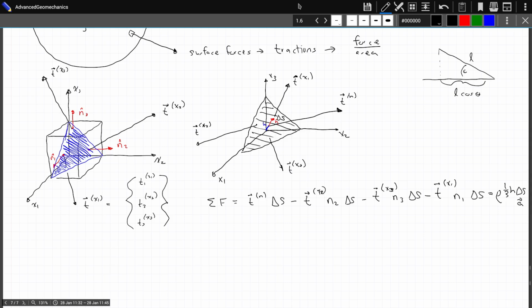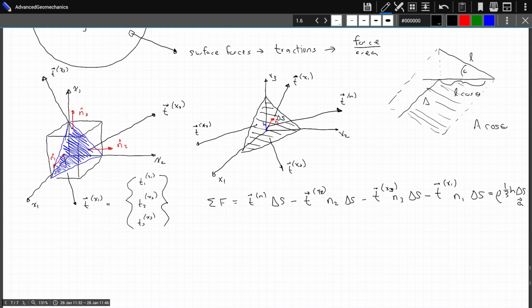So the same idea holds if you have a surface and you're projecting that surface down onto that plane. If you had a surface A and you're projecting it down onto the underlying plane, then that would be A cosine theta, right?